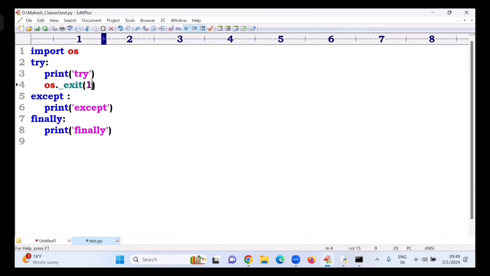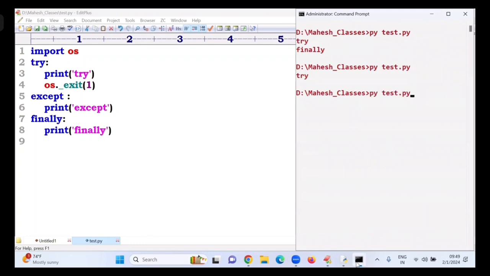If I give 1, then what will happen? If I give 1, then it will continue. Sir, if I give 1 also, the finally block will be terminated.